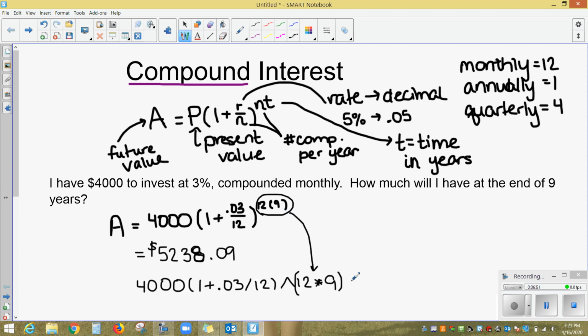So if you did not have the parentheses around your 12 and your 9, it raised this expression to the 12th power and then took the answer times 9. So you'd get a little bit over $37,000. Both the 12 and the 9 are attached to this, so you can either wrap them in parentheses or do that product first and then just raise this to the 108 power.